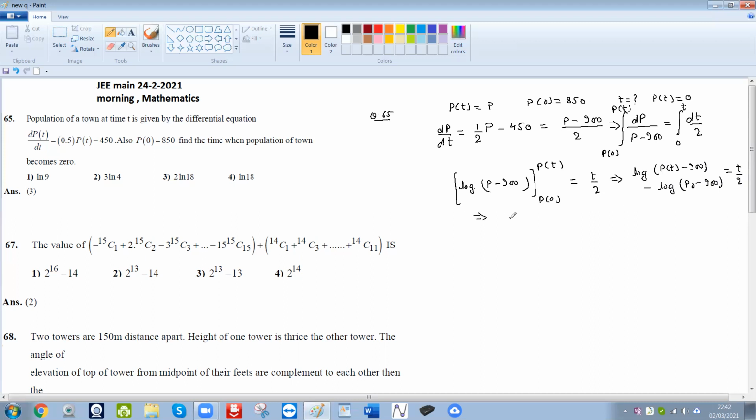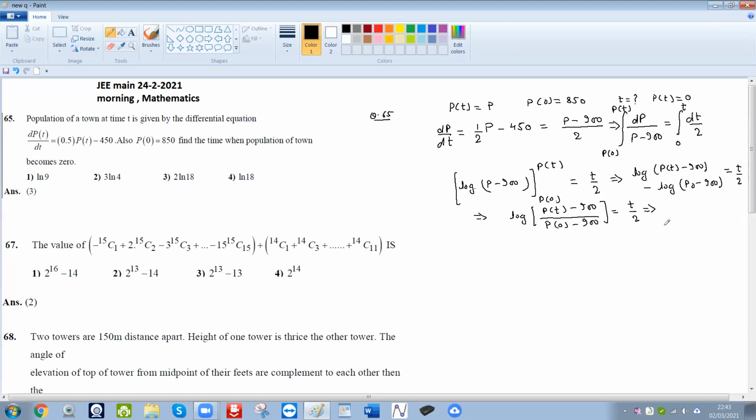So left side becomes log of Pt minus 900 upon P naught minus 900 is equal to t by 2.